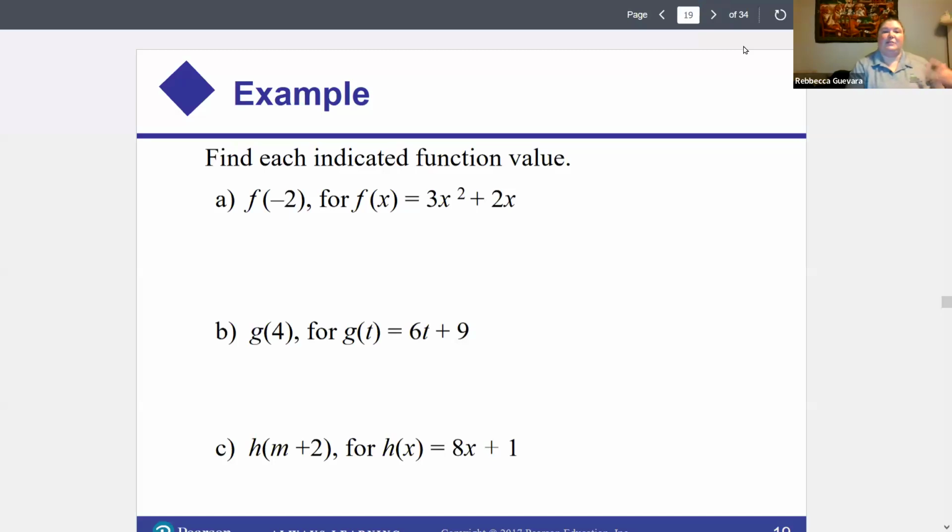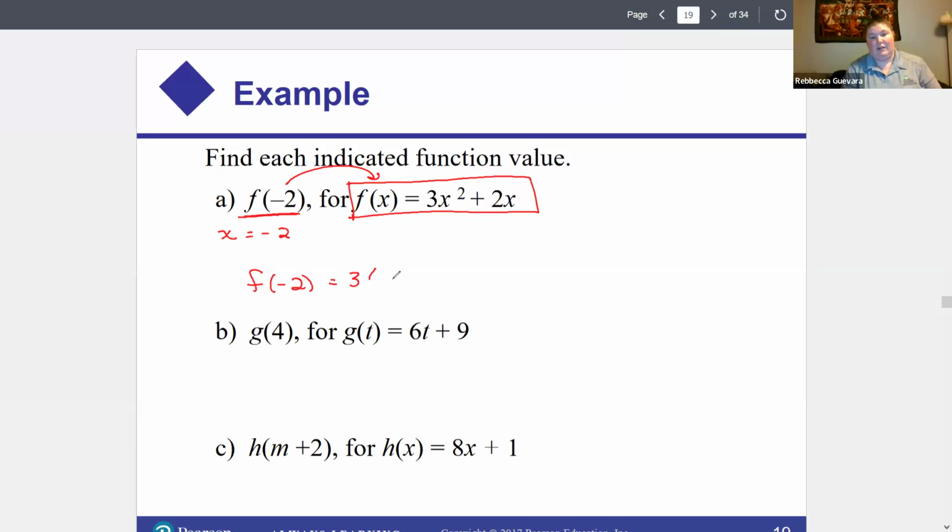These are just going to be some examples of using this function notation. We want to find the indicated function values. Our function f of x is equal to 3x squared plus 2x. This right here says I'm just replacing all my x's with negative 2. So once I put this negative 2 in here, every place I have an x is now going to be replaced with a negative 2.